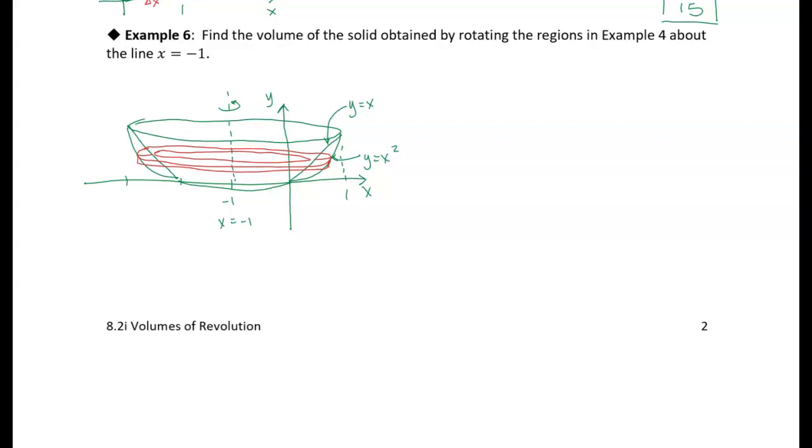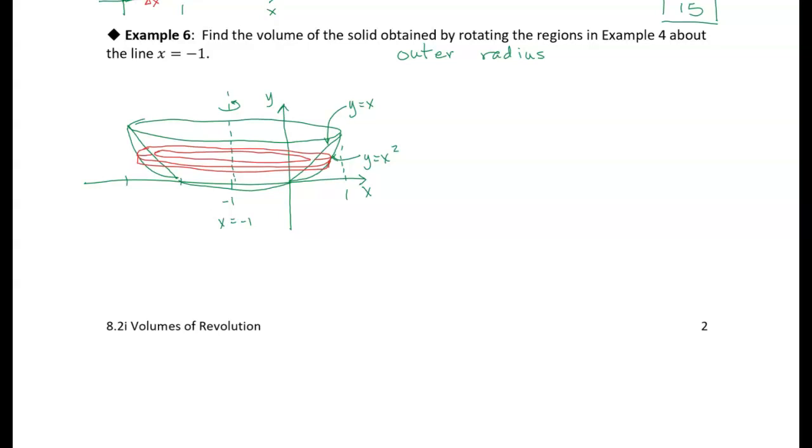Okay, so we need an inner radius and an outer radius. So let's just write down what those are. Outer radius. Now, we're going from x equals -1, right? So our outer radius is essentially just going to be 1 plus the distance over to the curve y equals x squared.